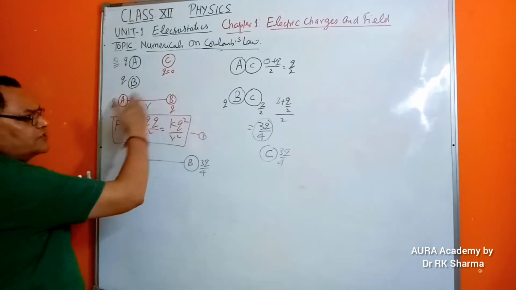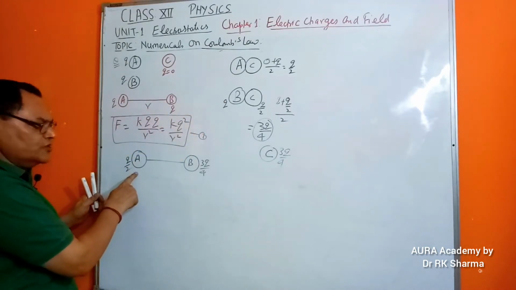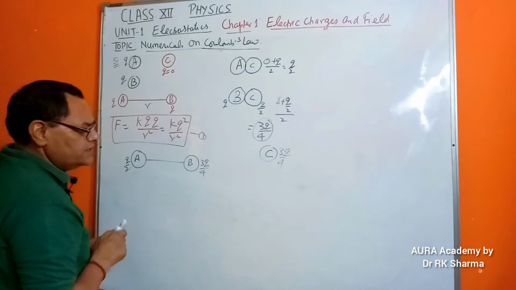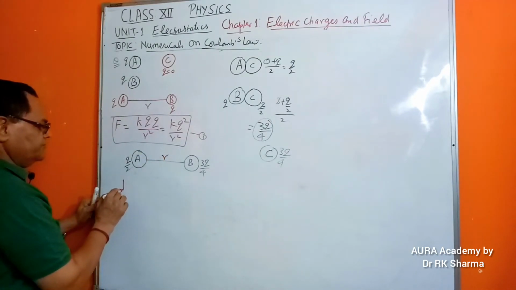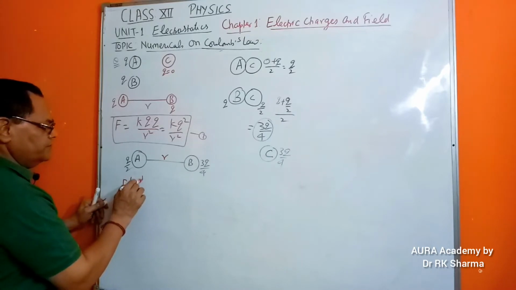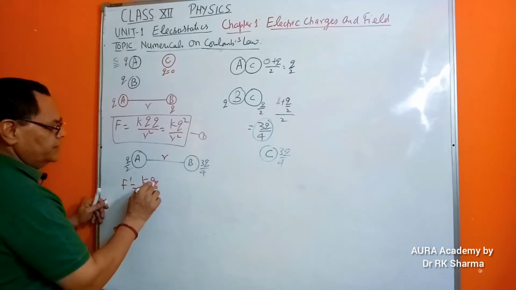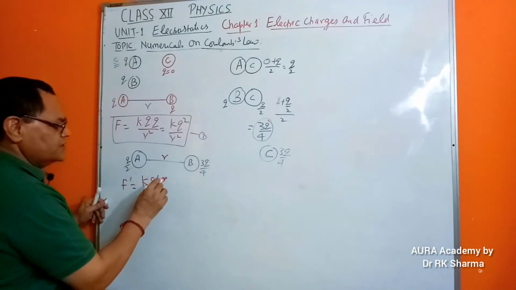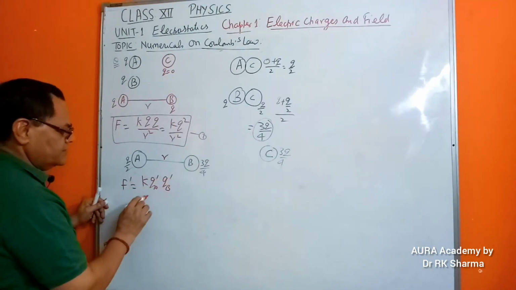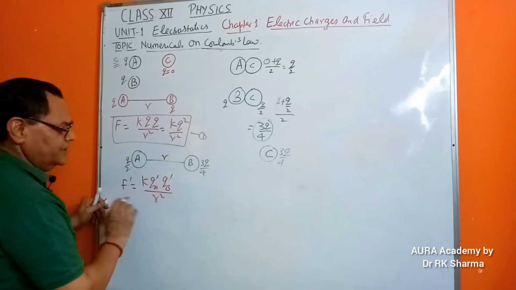So after this contact, A is having new charge Q by 2, B is having new charge 3Q by 4, and of course the distance is the same. So you can find out the new force will be K QA dash, that is QA dash means the new charge on A, similarly QB dash, upon R square, of course the same.